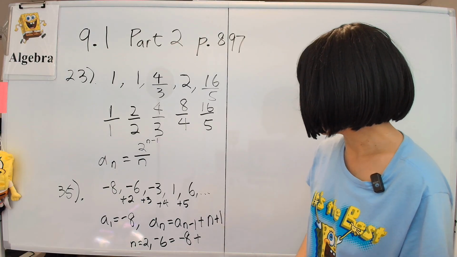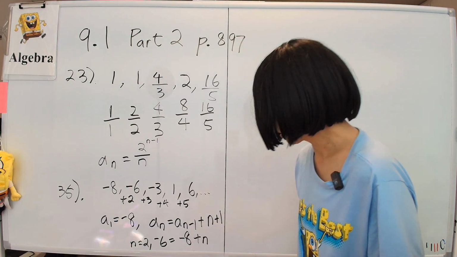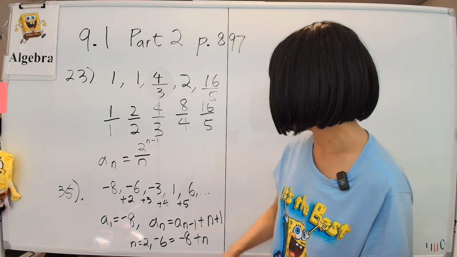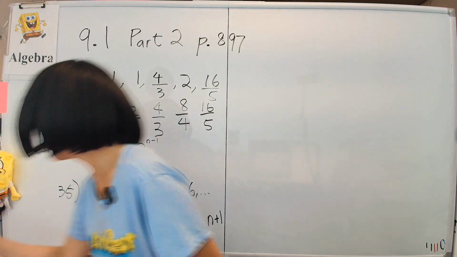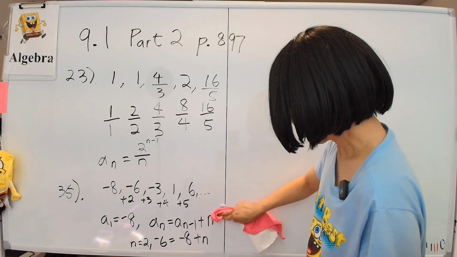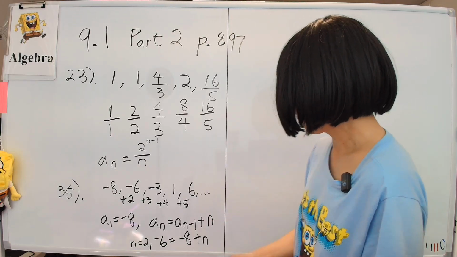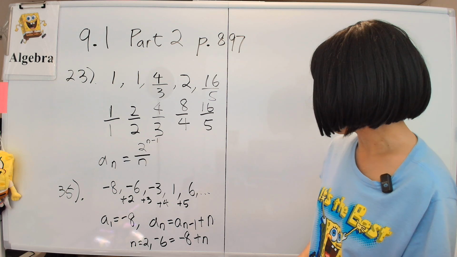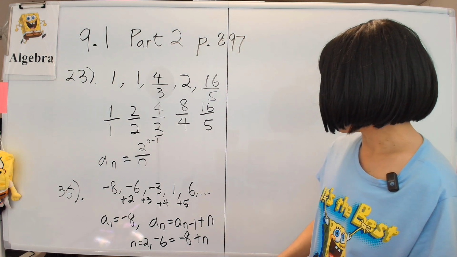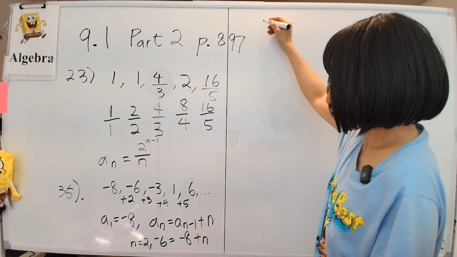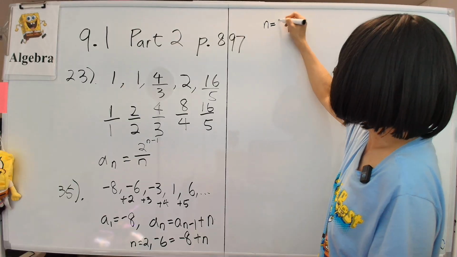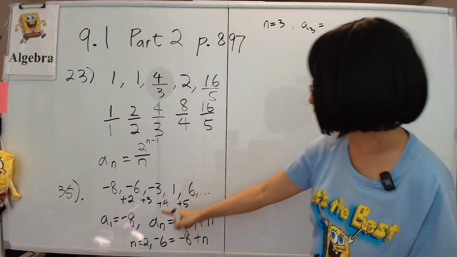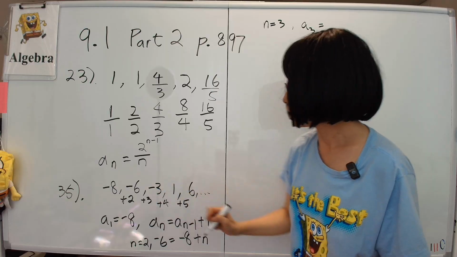It wouldn't be plus 1; just n is good enough, because we are talking about the second one. So I don't need to worry about the plus 1 bit. We'll just get rid of that, and a_(n minus 1) plus n should do it. Then we can check again. When n equals 3, the third item, a3 is equal to minus 3.